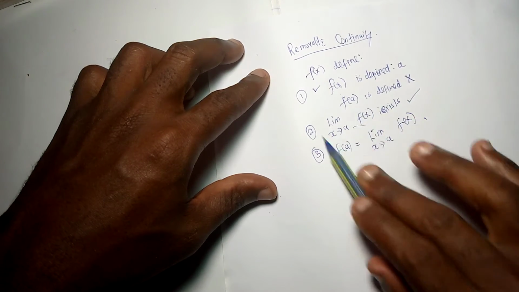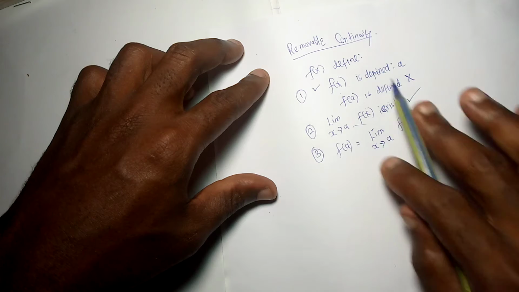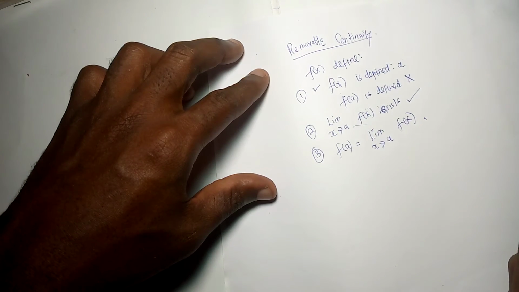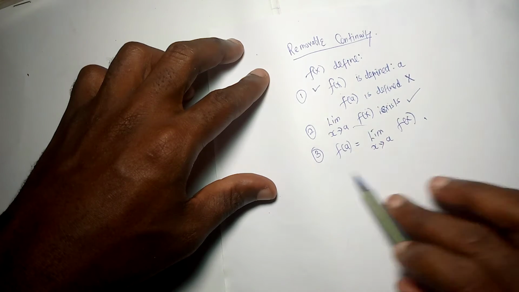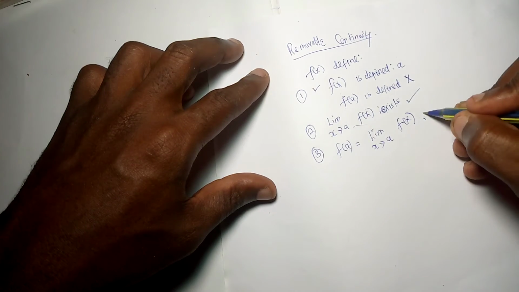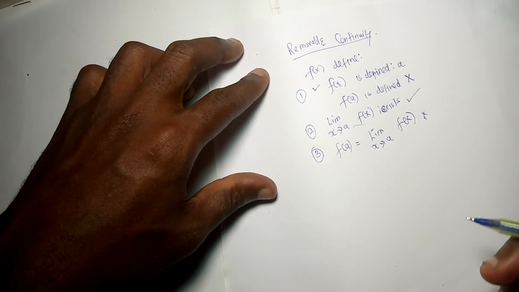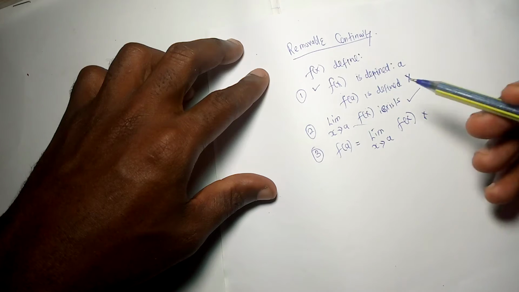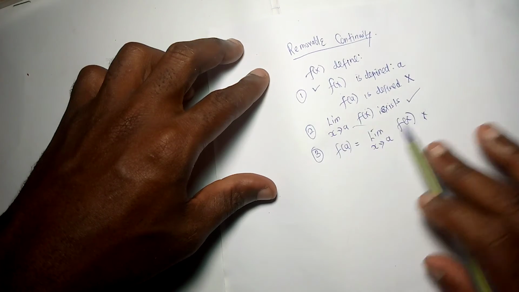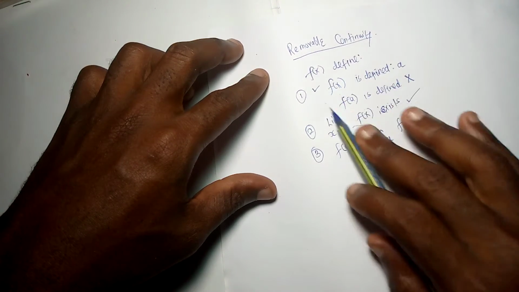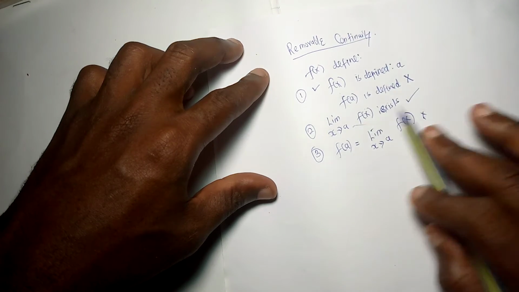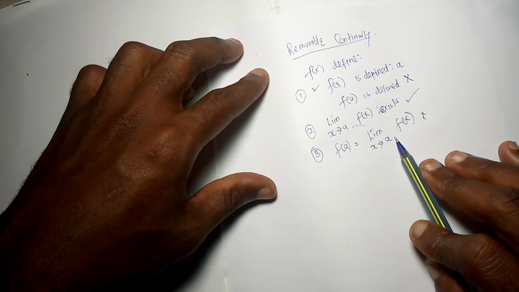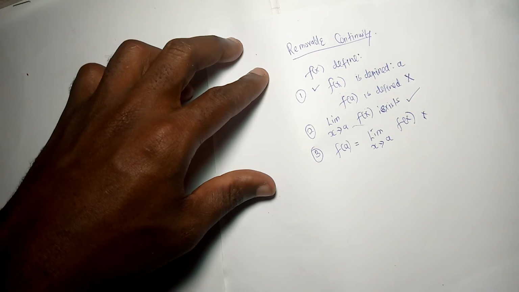But you can employ other techniques of evaluating limits, like L'Hopital's rule or factorization, and you get a limit. Of course, the third condition will also not hold. So removable continuity means that the limit of the function exists, but f of a is not defined, and the third condition is not held. That is what we call removable continuity.